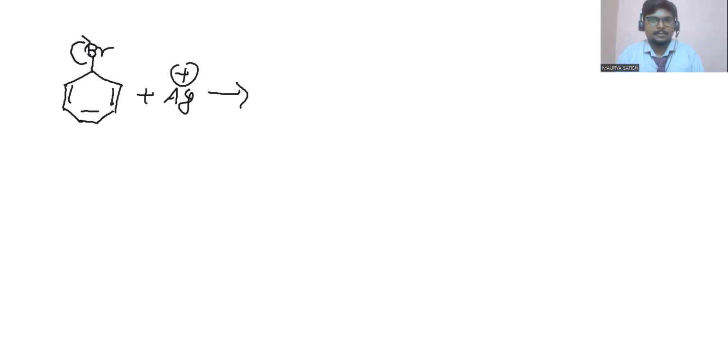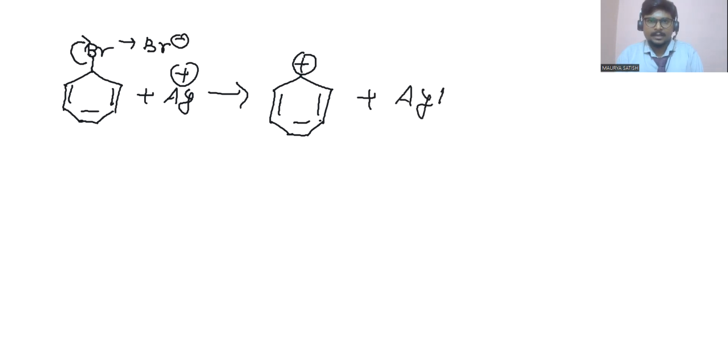You can see these pi electrons. If you remove the bromine, it becomes a positive charge, and after removing it becomes Br minus. So Ag plus and Br minus make AgBr.